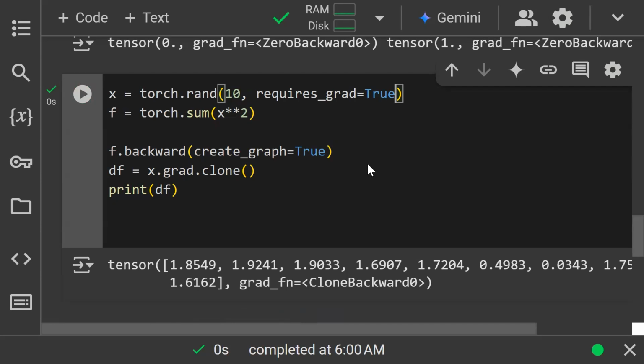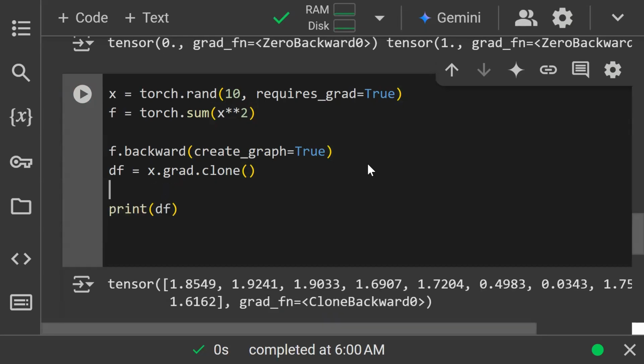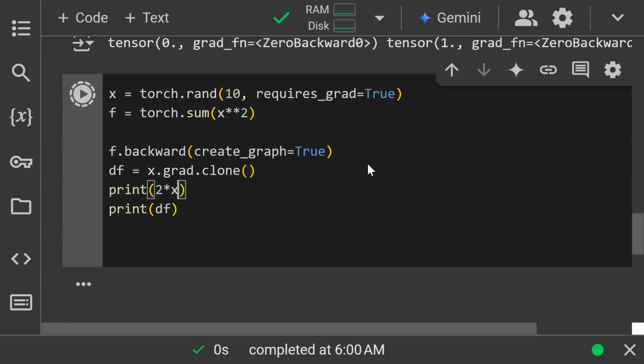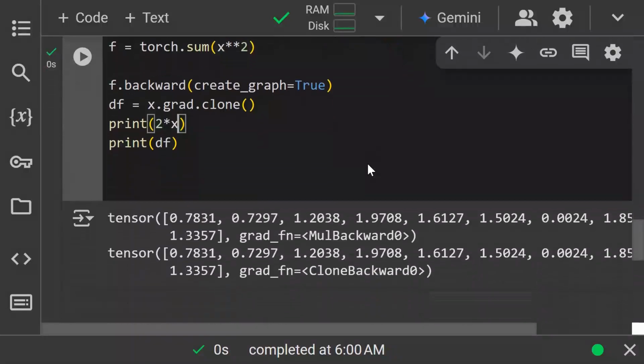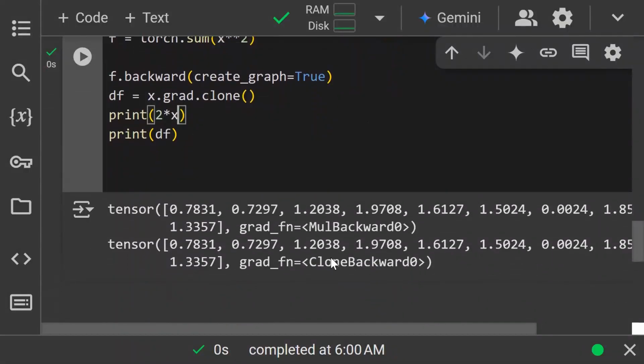We have a scalar valued function, and we were able to compute the gradient of that scalar valued function, and the gradient is essentially just 2 times the input vector. If you want to do the sanity check, just print 2 times x, and you will see that the numbers are the same, right? So far so good.